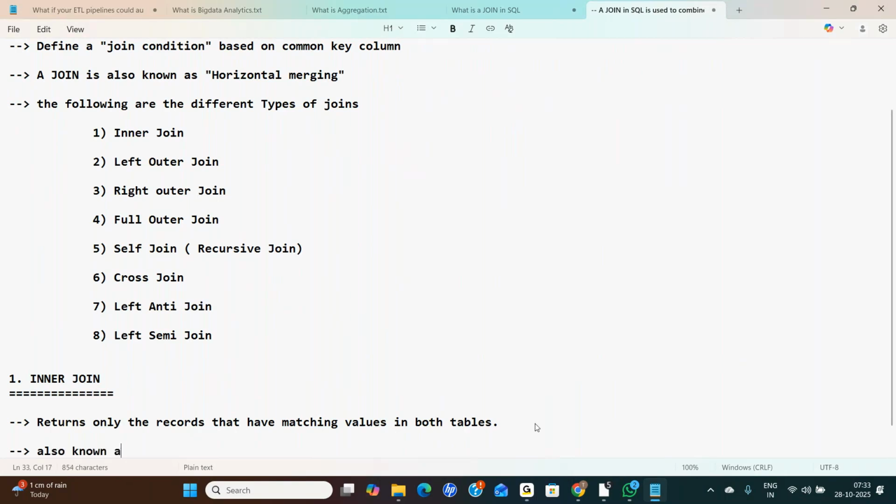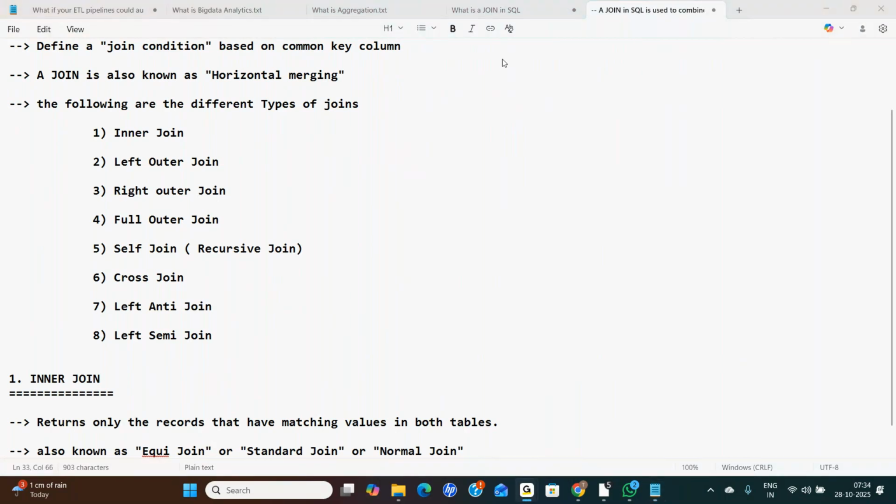Also known as equijoin, or standard join. And even some people also use normal join. So normal join, standard join, equijoin: these are the other naming standards you can use.